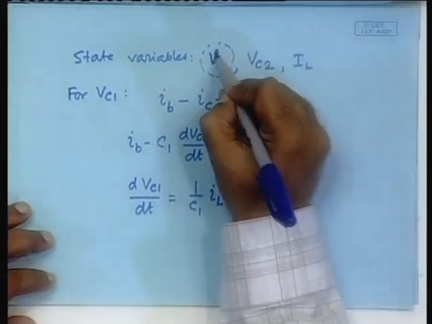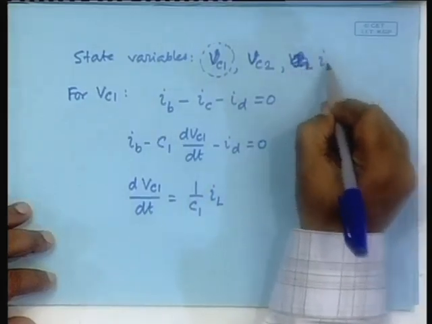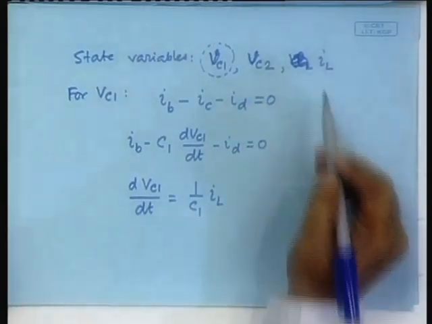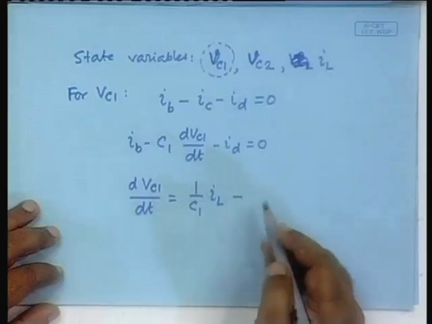This should all be small letters because these are variables. Sorry, capital letters imply fixed values. Okay, what is ID?